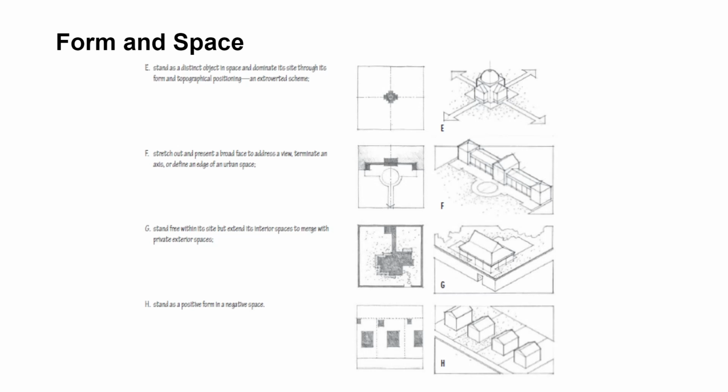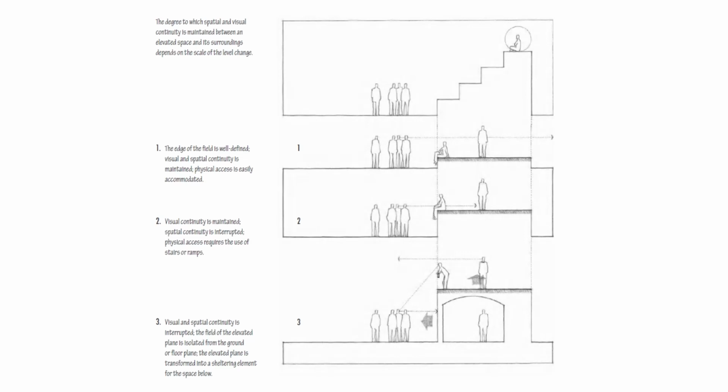For H, you stand as a positive form in a negative space. This one is usually shown in housing and developments. So, this is the degree to which spatial and visual continuity is maintained between an elevated space and its surroundings. In the first, the edge of a field is well defined, visual and spatial continuity is maintained, and physical access is easily accommodated.